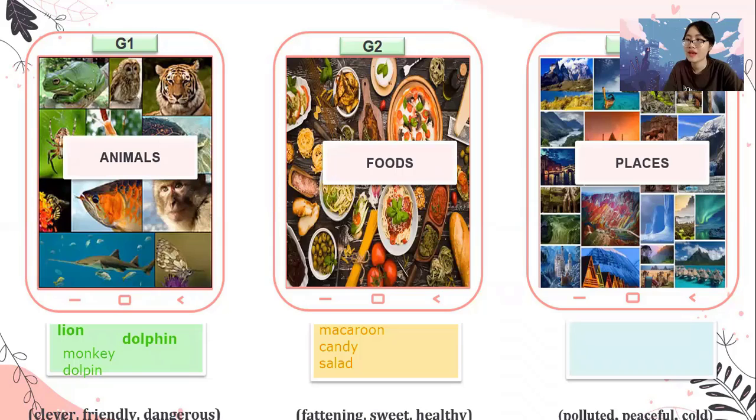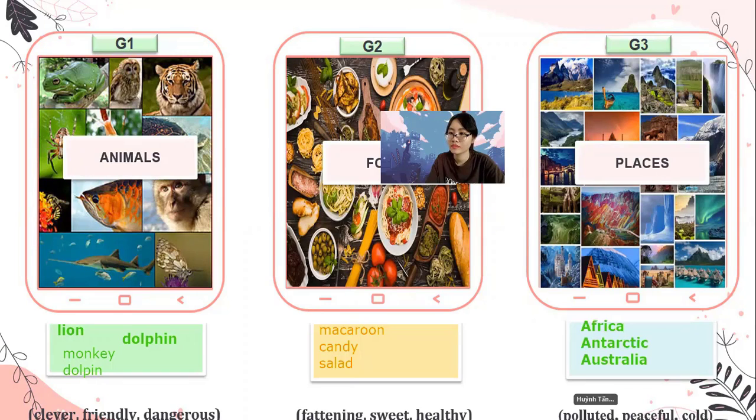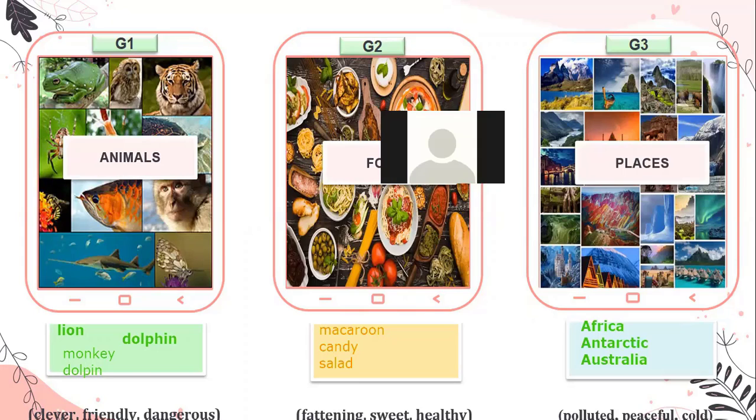So great. And the final one, places. Okay, so can you please name 3 places or anything related to places in the box for me? Group 3. Okay, so your group chose 3 continents. And so how do you compare these continents?